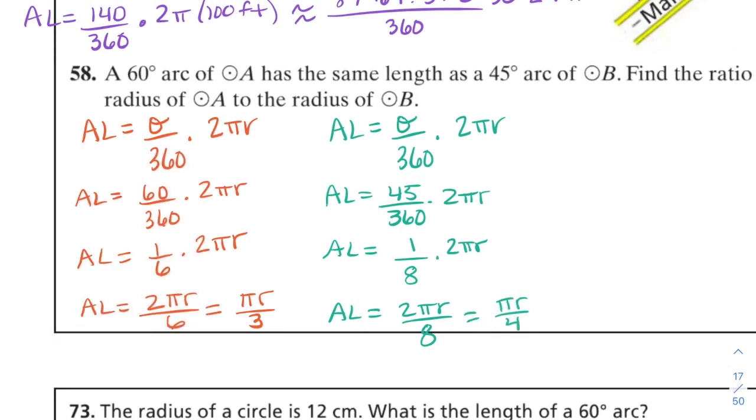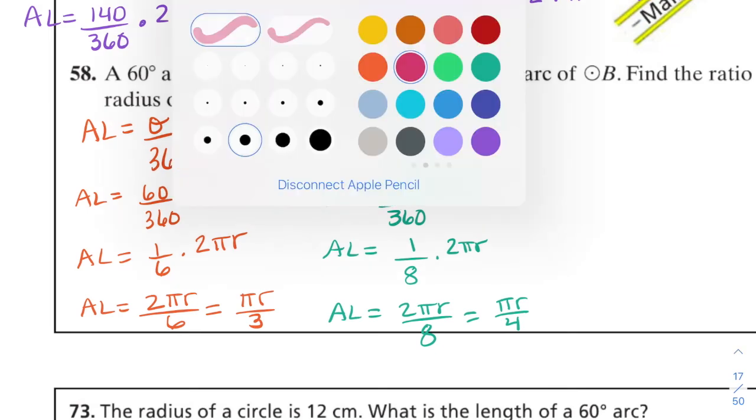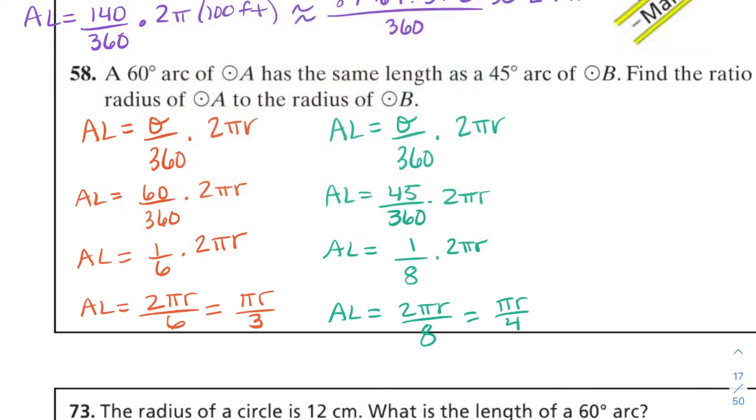All right. This seems weird that I'm not even drawing them out, but I don't need to because this is a 60-degree arc of circle A, so this is circle A in orange. I'll highlight it. Circle A is orange, and then circle B is green.